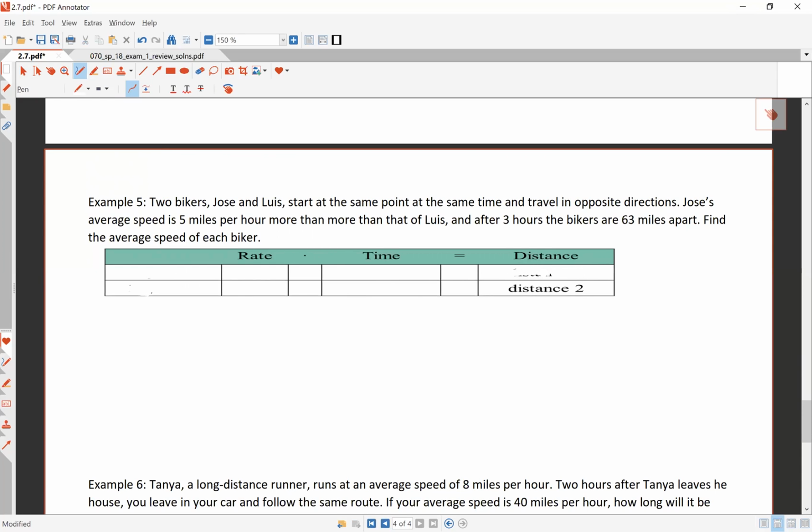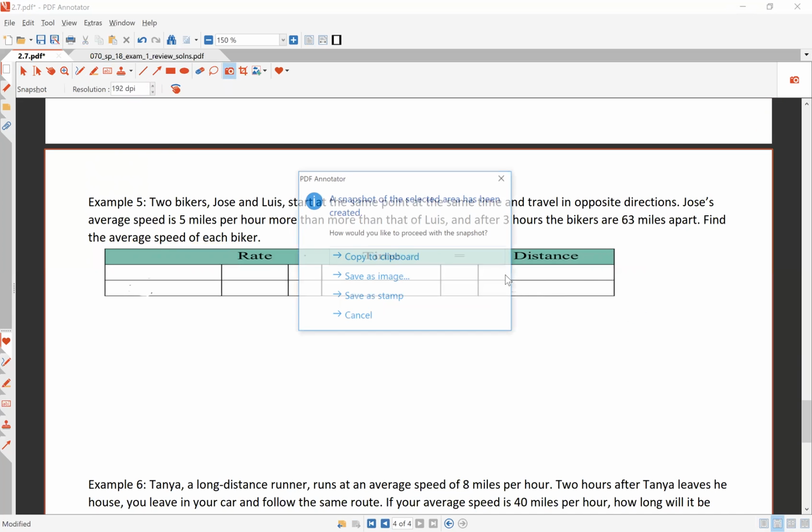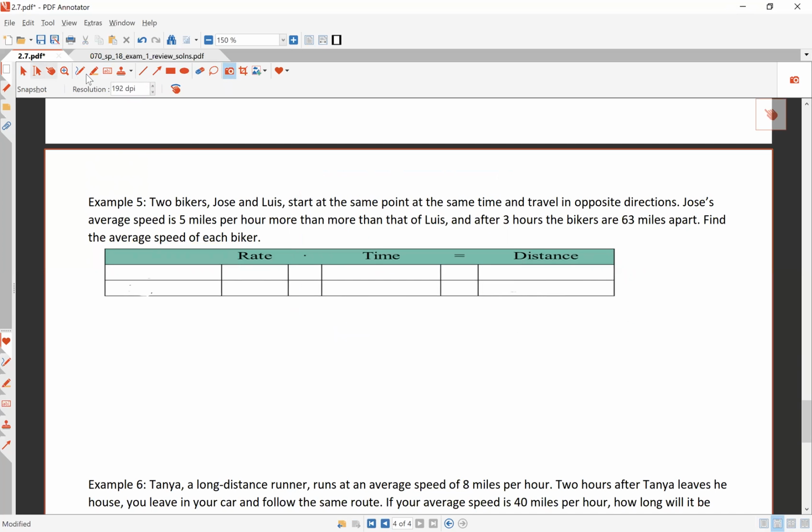And after 3 hours, the two bikers are 63 miles apart. Find the average speed of each biker. So we'll place down their information in this table.